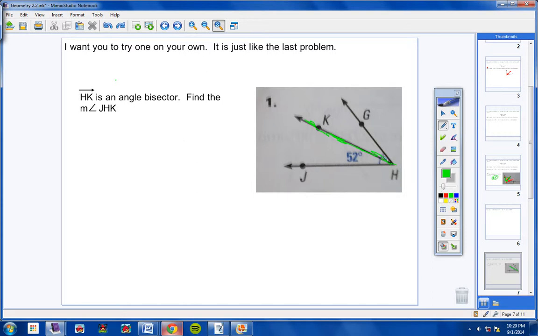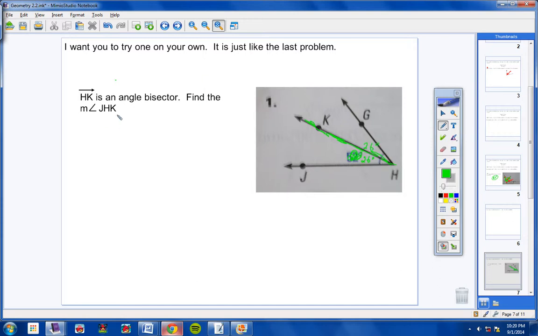And notice this line right here that I'm highlighting in green is also written in blue. So this little angle right here with one dot is not 52 degrees. This entire big angle is 52 degrees. So if I take 52 and divide it by 2, that means this little angle right here is 26 degrees, and this little angle here is 26 degrees, okay?